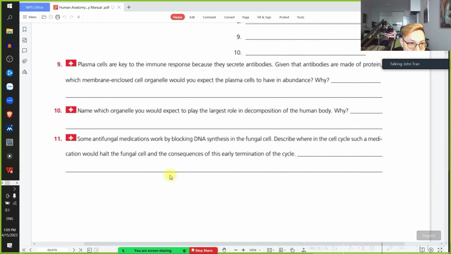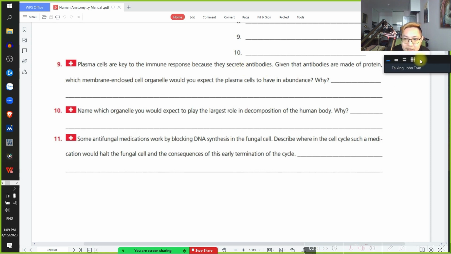We have 3 difficult questions now. Plasma cells are key to the immune response because they secrete antibodies. Anti is against, body is the body. They secrete antibodies.